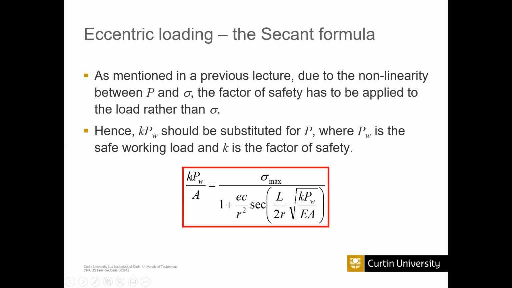If you know the factor of safety, you need to multiply it by the applied load or working load, so you will get the maximum load. That is the meaning here. Maximum load divided by area is the maximum stress, in this secant formula.